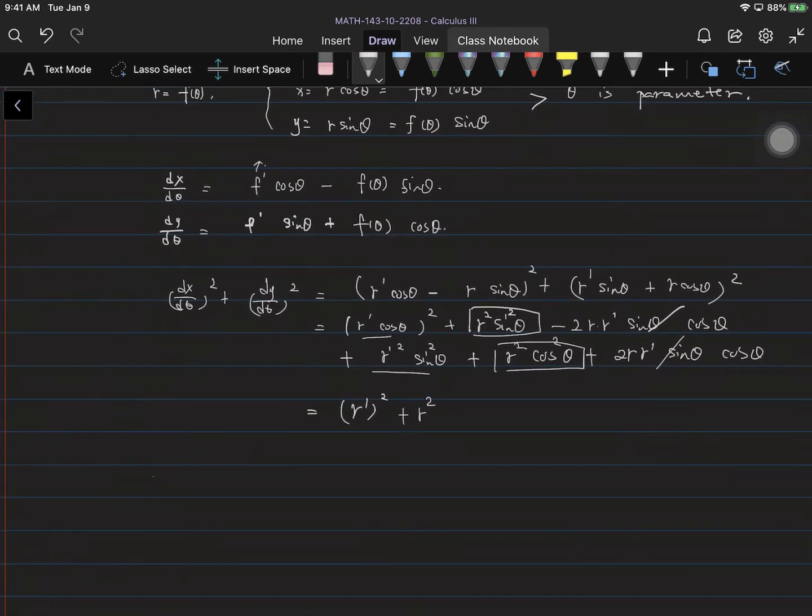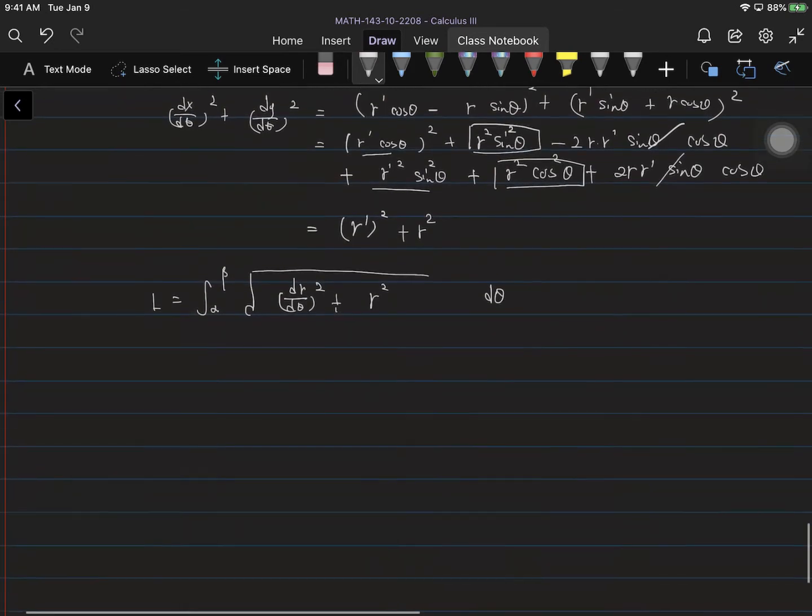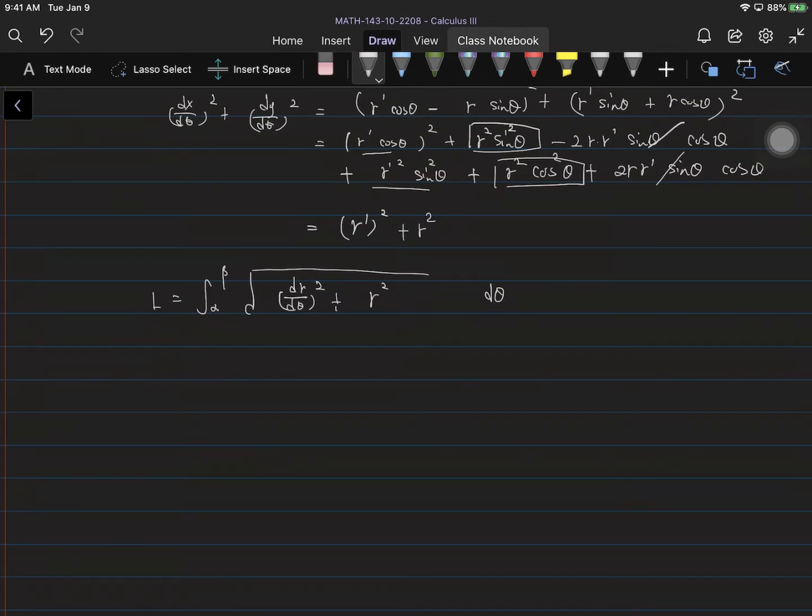So in this case, our arc length equals the integral of theta from alpha to beta of the square root of (dr/d theta) squared plus r squared. So that's the formula for the arc length. You can also remember this as the square root of r squared plus r prime squared. Either way, they're the same thing.